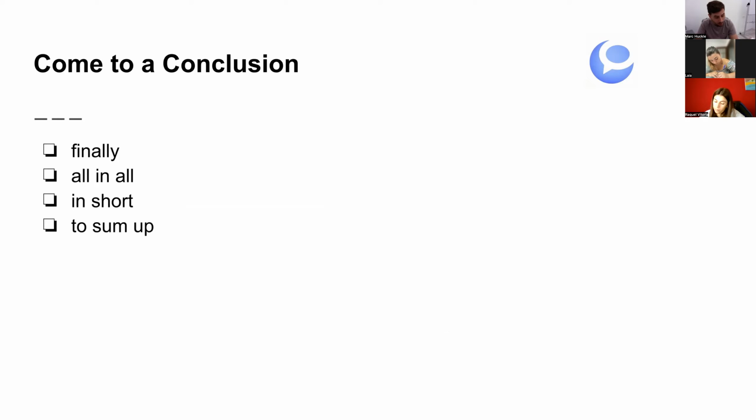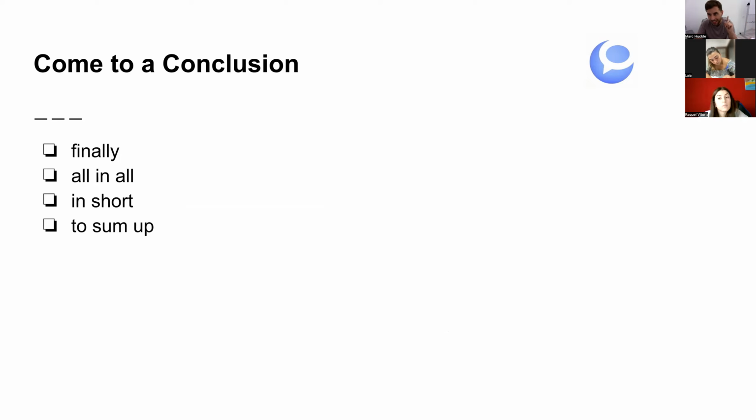Debéis utilizar un discourse marker, se llama discourse marker, en plan una palabra clave que indique que la conversación está llegando a su fin. Puedes decir, and that's all, and that's it, I have nothing more to say, pero lo que solemos utilizar es un conector de estos para decir que es el final, es la conclusión.